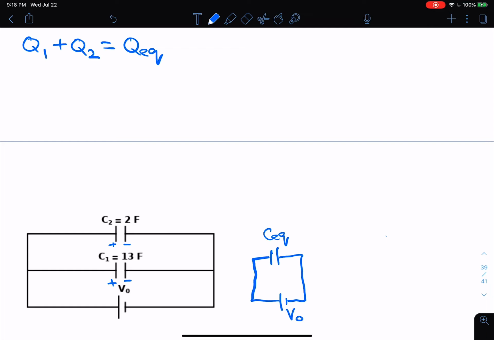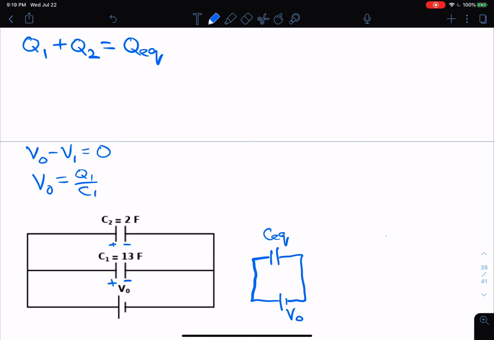Okay, we're going to use that, but before we do, we're going to need to write some loop rules. So let's do our loop rule. I'm going to do a loop rule here for this one. So this is the lower loop. When I do that, I'm going to get for that lower loop V0 minus V1 has to equal 0. And based on the relationships we already identified, V0 has to equal Q1 over C1.